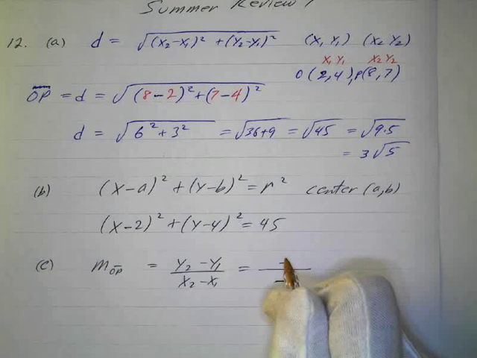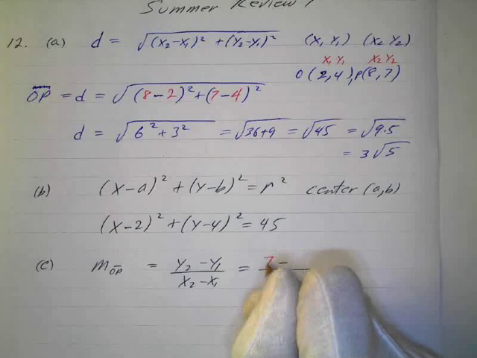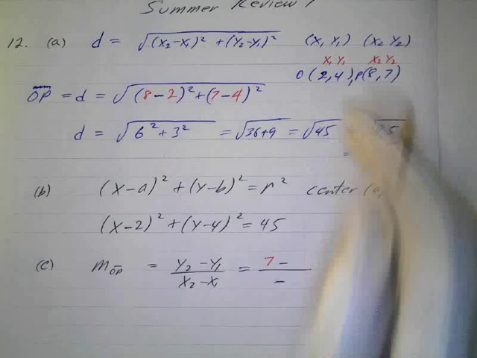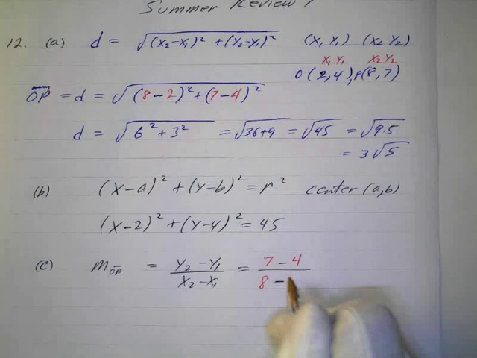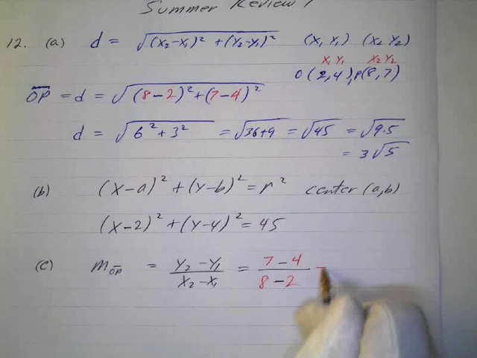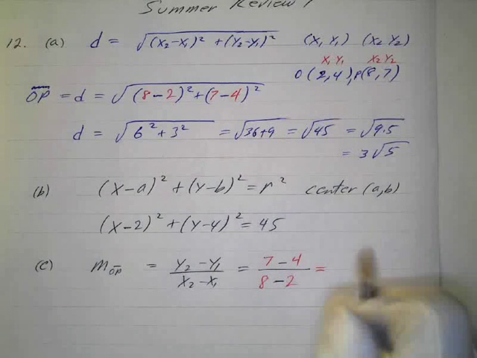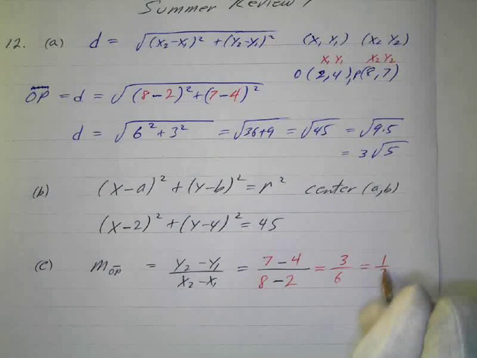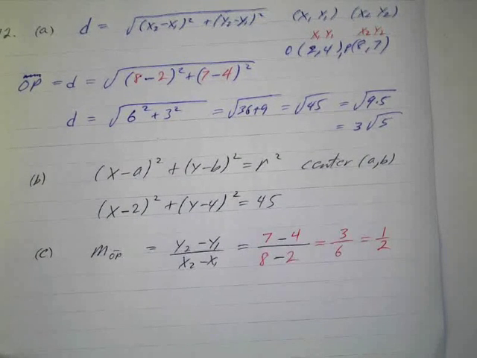So y2 is 7, and y1 is 4, and x2 is 8, and x1 is 2. So what we've got there, well, 7 minus 4 is 3 over 6, so it's 1/2. Now the slope of the line that's perpendicular, that's the slope of our tangent line.